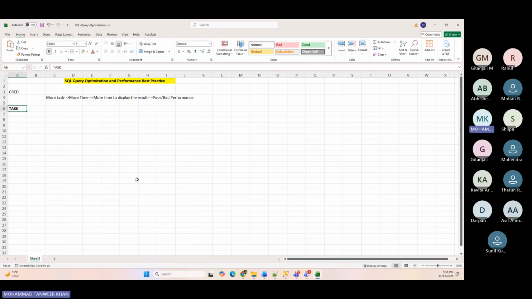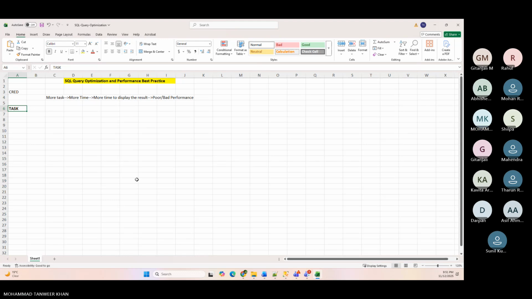So that also matters. Again, I'm telling, not only the query is responsible, but also which type of schema you have taken. If you have taken a Snowflake schema as compared to a star schema, and suppose the same task can be done easily using a star schema, then why have you taken a Snowflake schema? It will take more time. I don't know how many of you know about the schema.